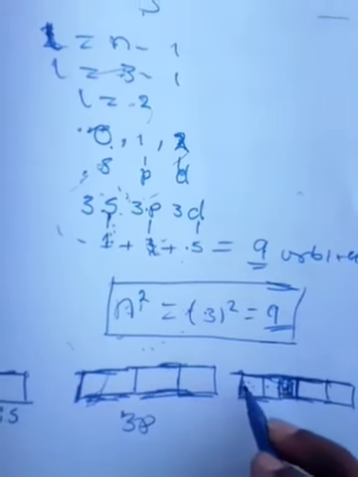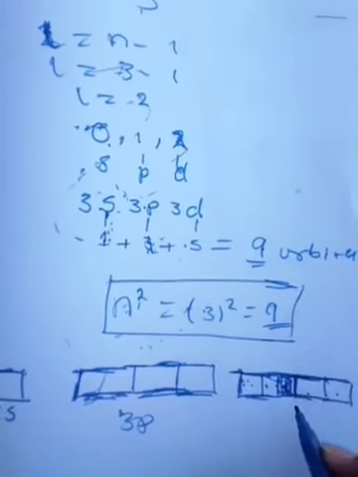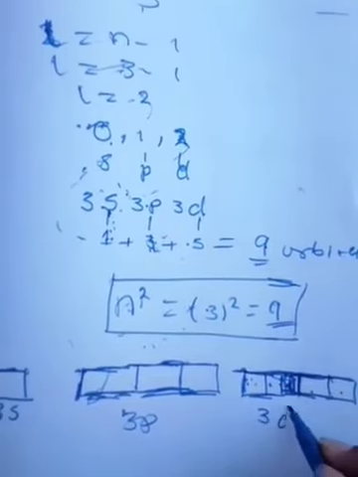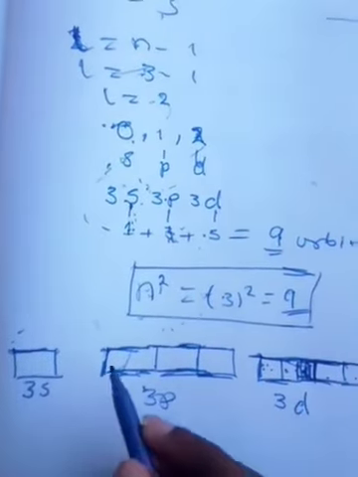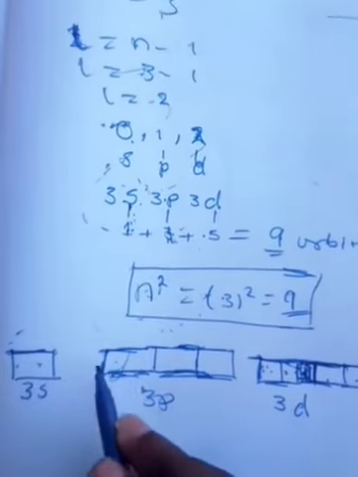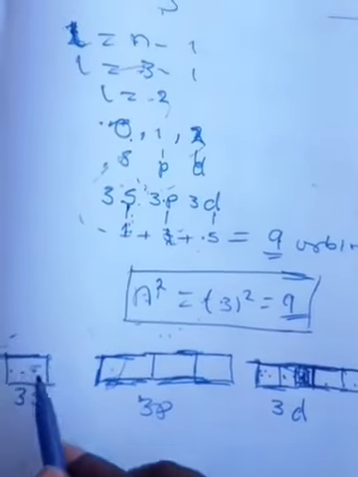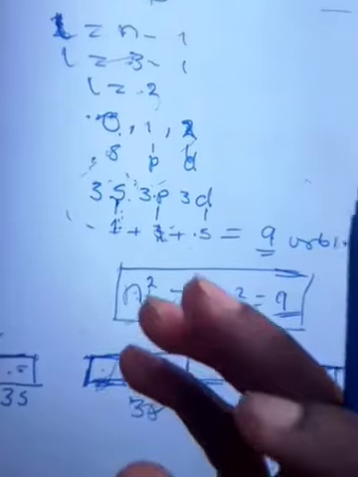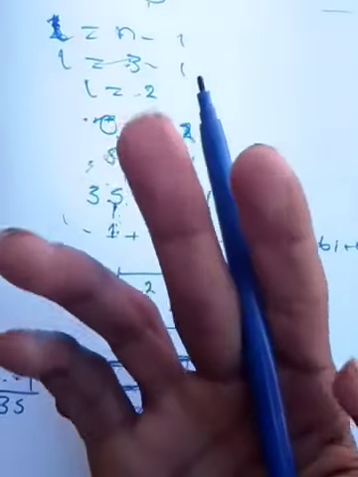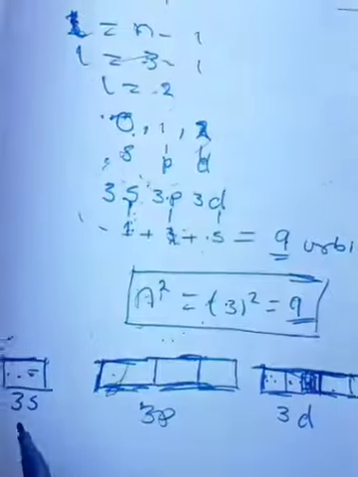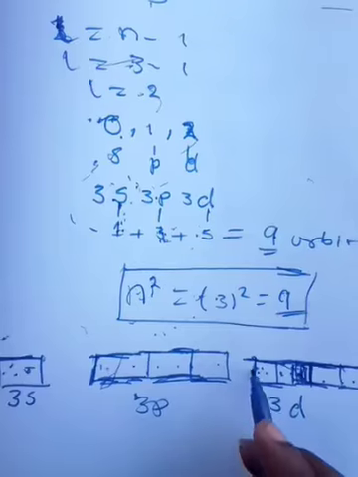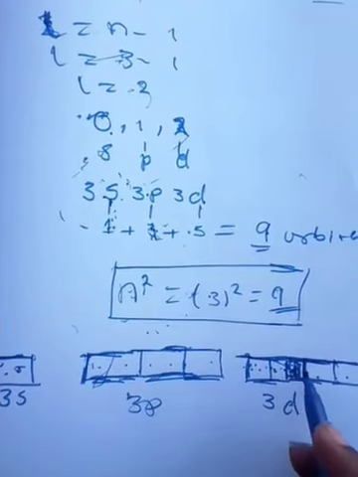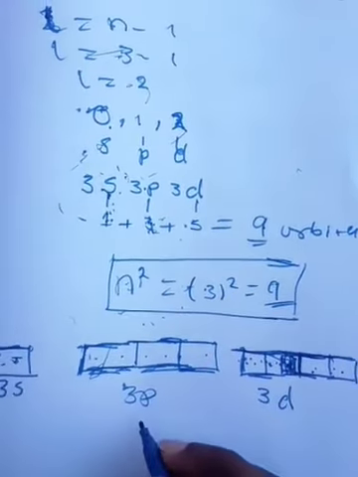Right? So you're going to say 3d. Have you seen? Now let me count. Each box, each house, or each orbital, accommodates only 2 electrons. So the possible number of electrons it can have will be 1, 2, 3, 4, 5, 6, 7, 8, 9, 10, 11, 12, 13, 14, 15, 16, 17, 18. We conclude 18 electrons.